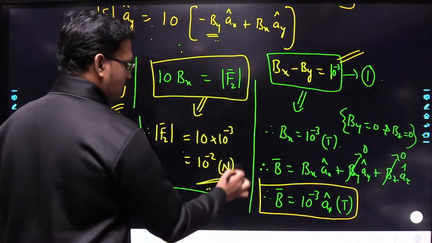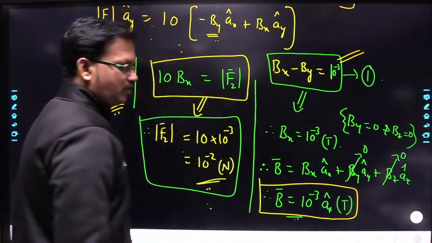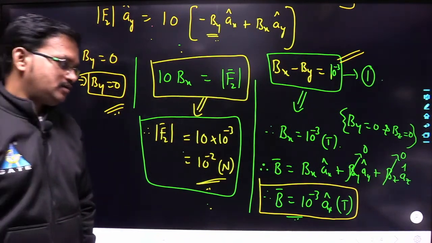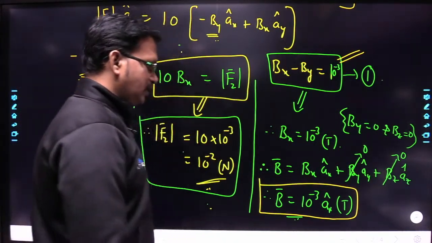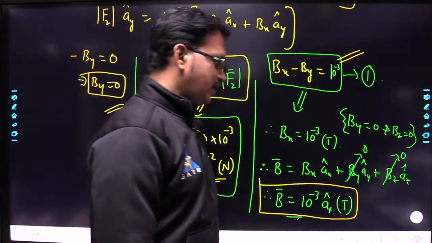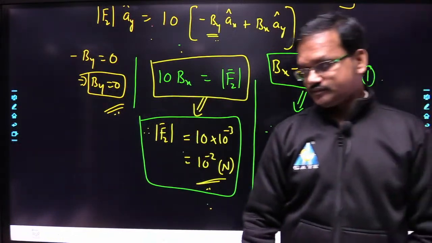This is the magnitude of F2 bar, and this is the B field you are going to get, that is 10 to the power of minus 3 ax cap Tesla. Is this problem clear?